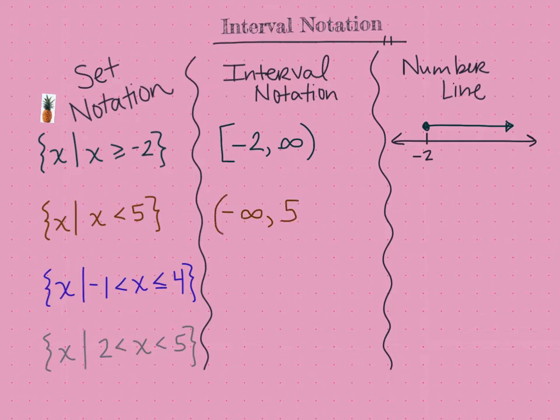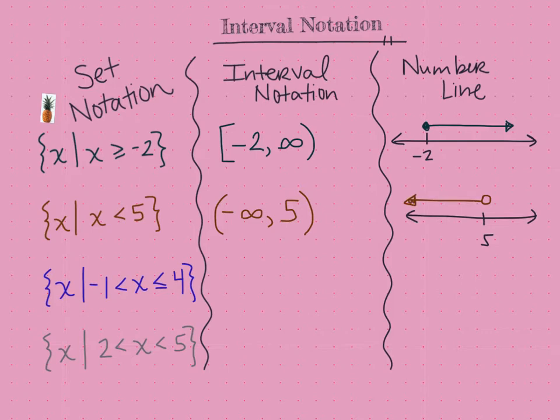Infinities always have open parentheses, and in this case we're not including 5. We're buttoned right up to 5, but we can't include it. There's nowhere equal to. So we're going to put the open parenthesis around 5 as well, since we can't include it in our answer. On the number line, we'll put a 5, and then we're going to use an open dot or an open circle, since we're not including 5, but it's everything less than 5.